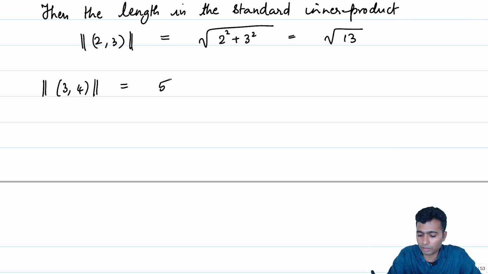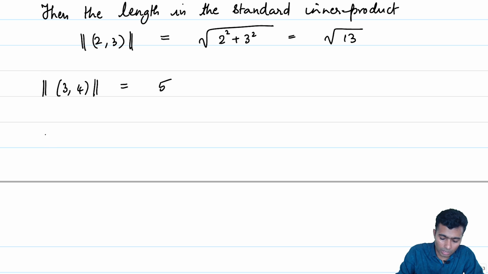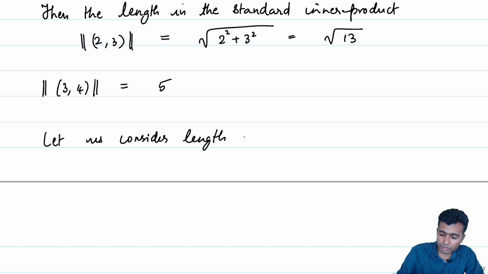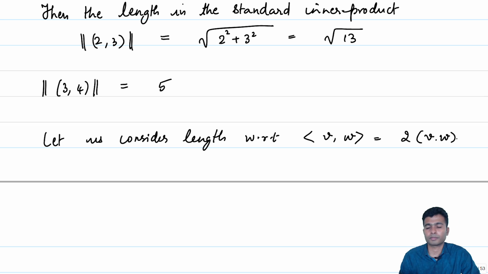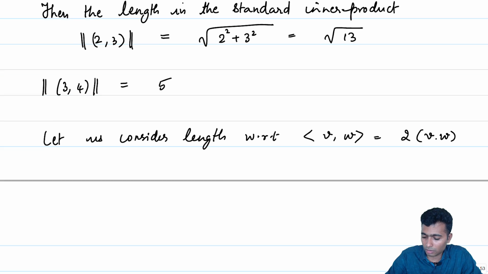But as you can see, this is with respect to the standard inner product. What if we change the inner product to the other inner product on R2 that we were considering? So let us consider length with respect to the inner product v comma w equal to 2 times v dot w. Let's see what happens here.